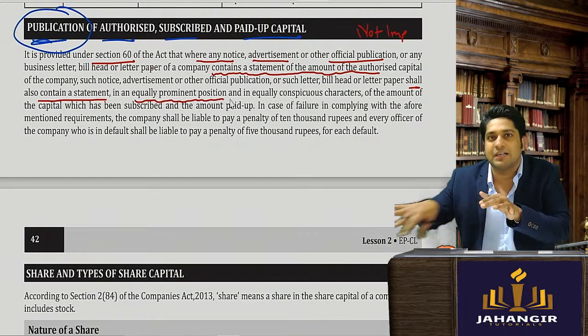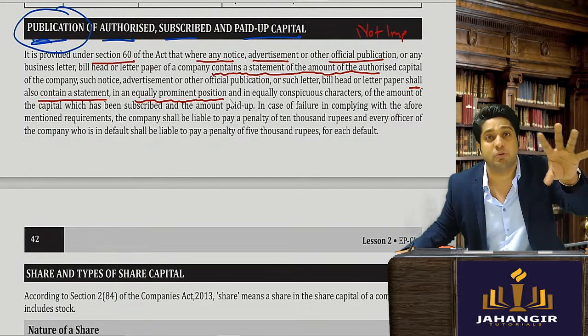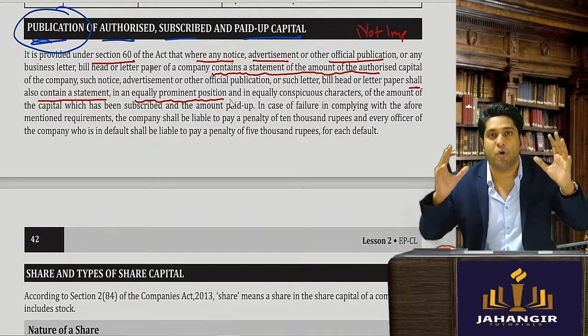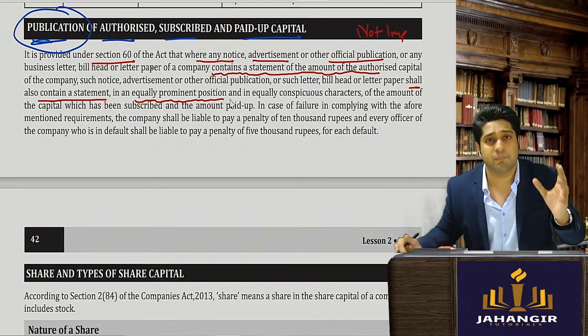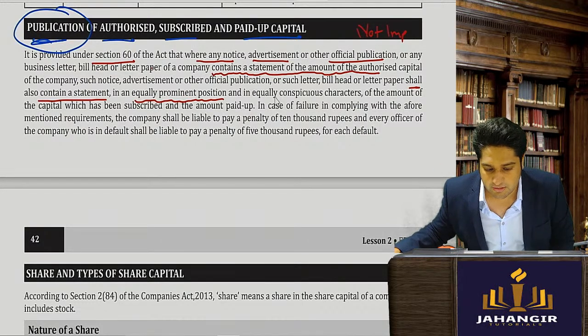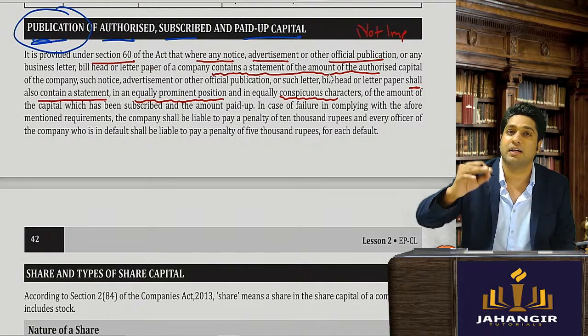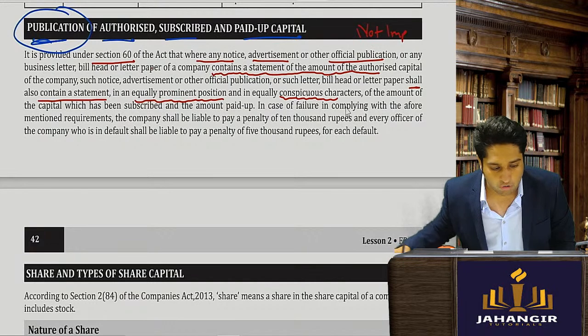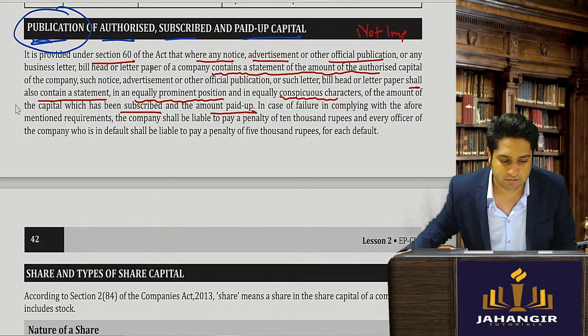So it should not be in small little letters on the side. It should be in the same position, equally prominent. Prominent means a clear position, in equally conspicuous characters, the amount that has been subscribed and paid up. Is the concept clear?